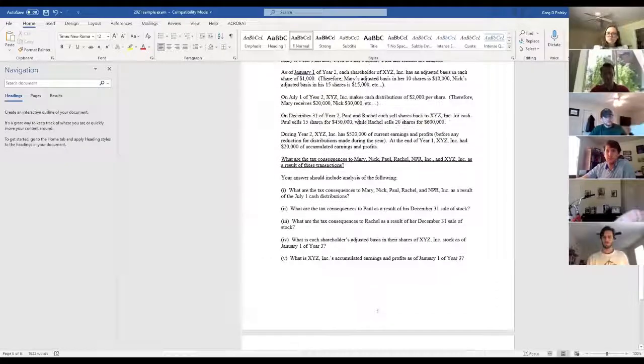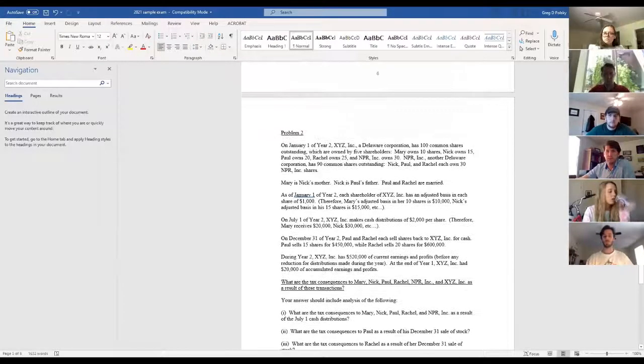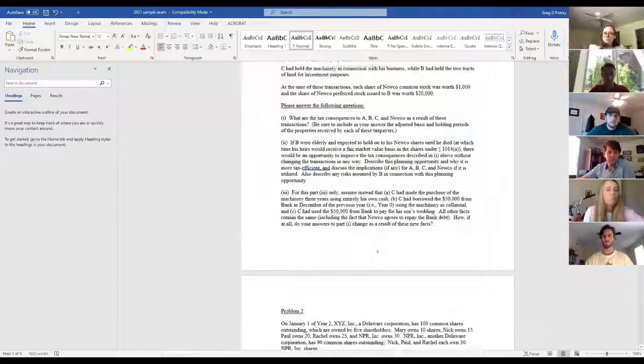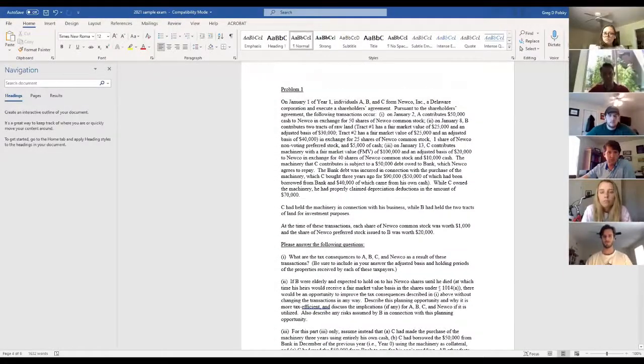And then this problem too, I think is, at least as a matter of what it covers, just fine. A little messy with the numbers. And then problem 1, you should be able to do 351 stuff pretty easily by the time you take the exam.